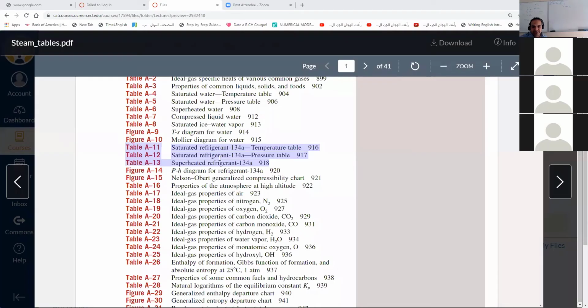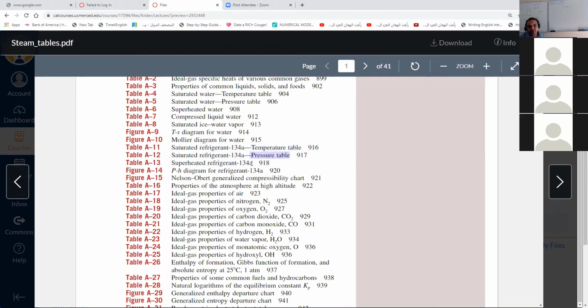If you look at tables A11, A12, A13, these are the saturated table and superheated table for R134A fluid. This is equivalent to table A4 for water. This is equivalent to table A5 for water.